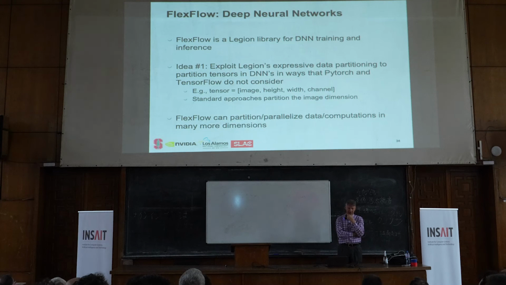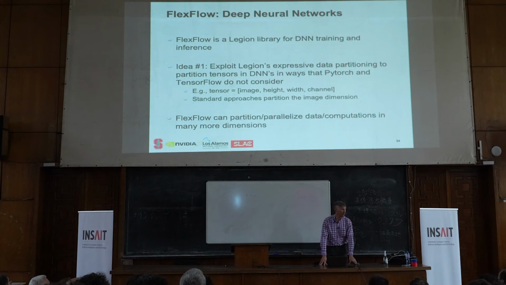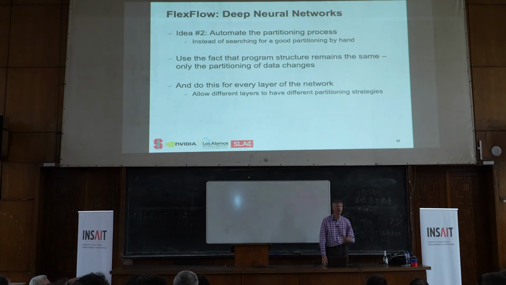And so the first observation was, well, we could just try this and see if we can come up with strategies that have better performance, exploiting the ability to partition data in novel ways. But the second idea was, well, we could also automate this partitioning process, because once you have a language for expressing how to partition the data, you can just write a loop that searches over different partitioning strategies.